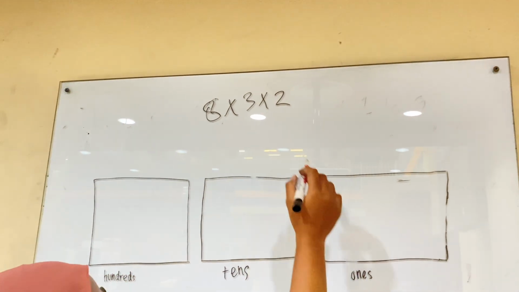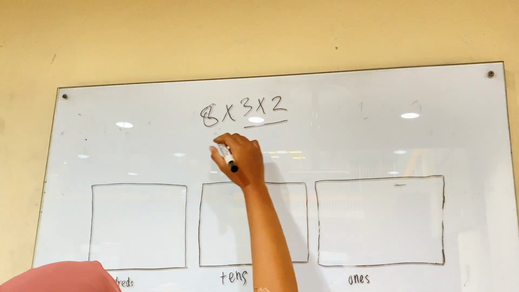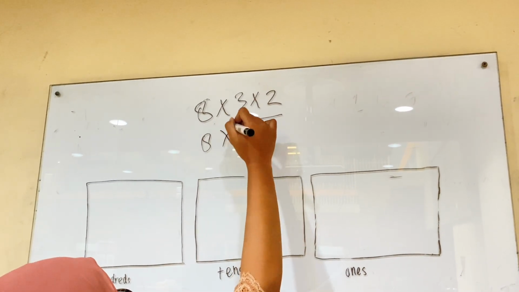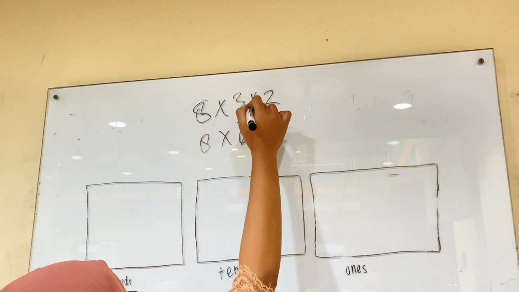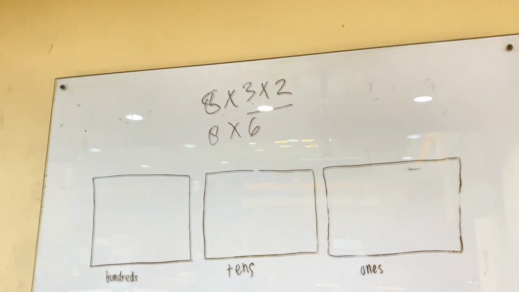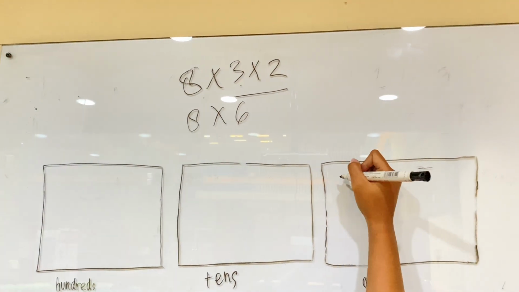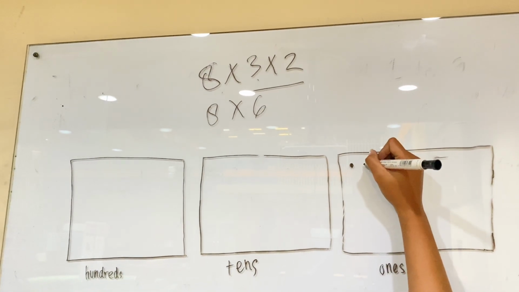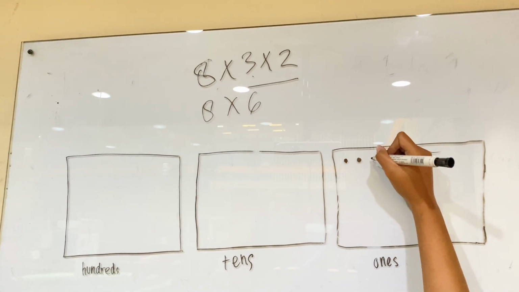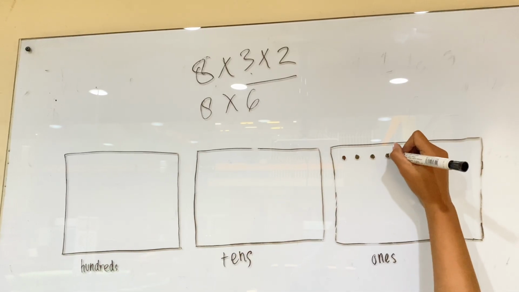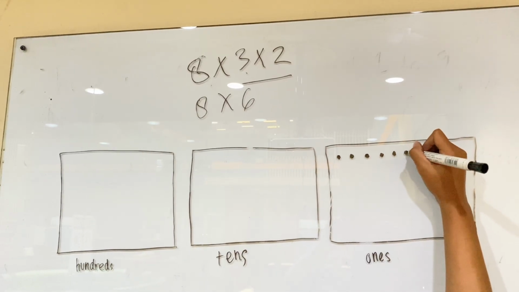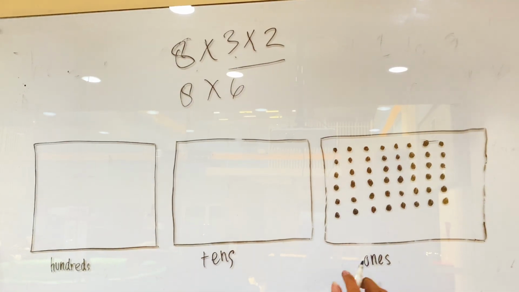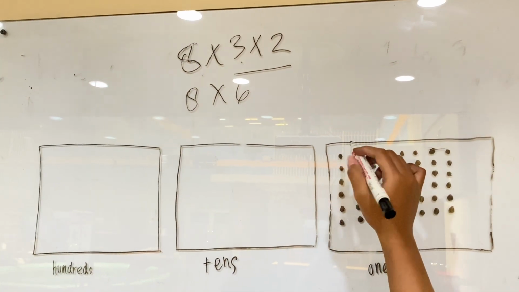To make it easier, we're gonna combine this to make 8 times 6, because 3 times 2 is 6. Okay. We're gonna draw 10 dots, 6 times in the ones boxes. So we're gonna do the exact same thing as before.